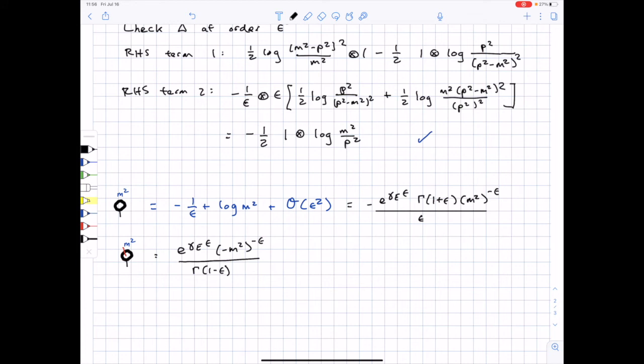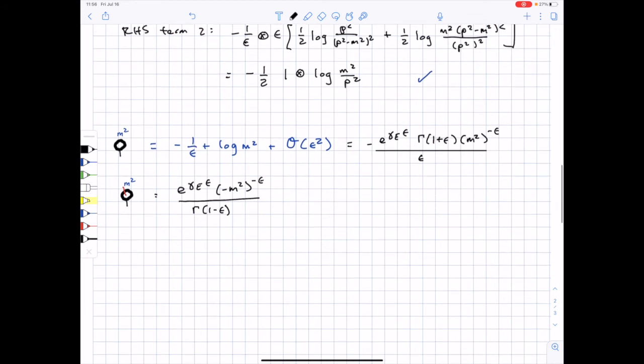Now, let's predict the form of the coaction. So if we take the coaction of the uncut tadpole, just thinking about contracting propagators, there is nothing to contract, right?